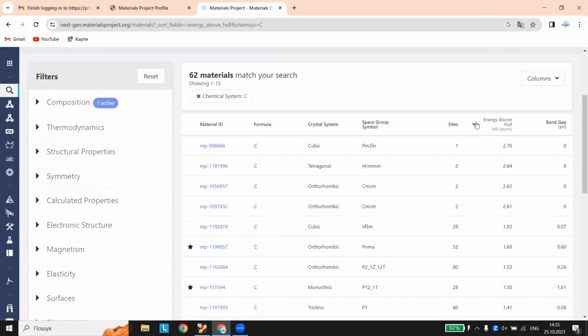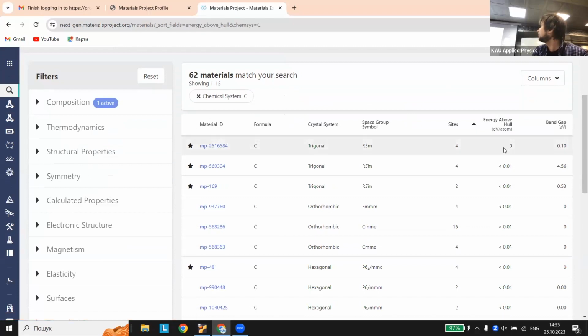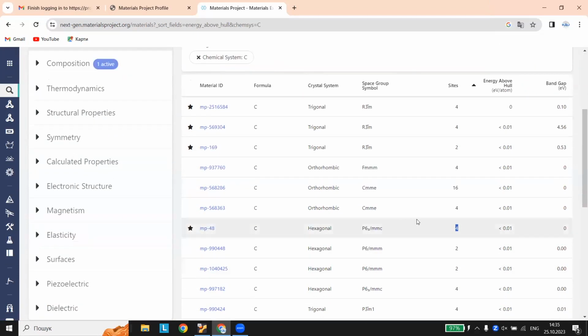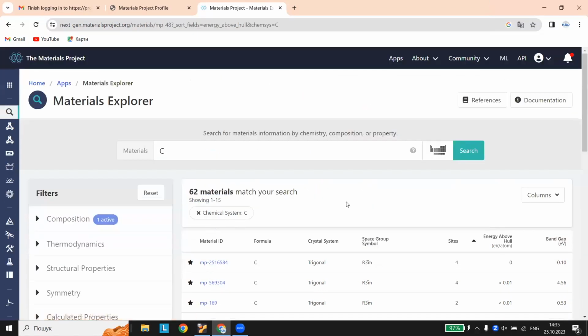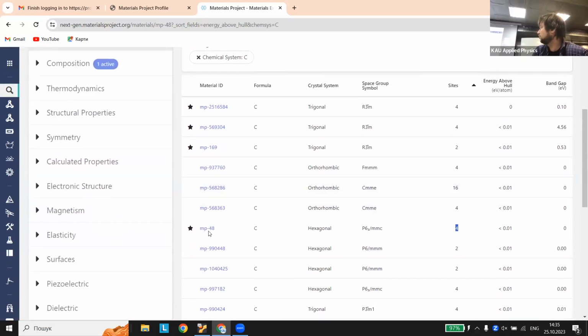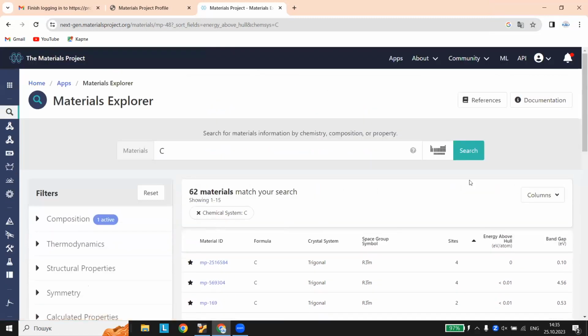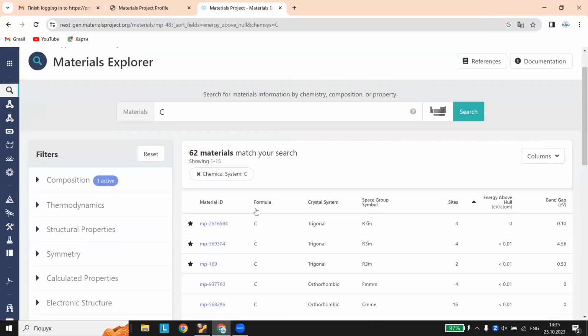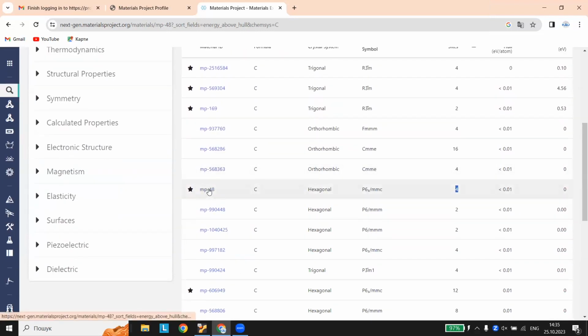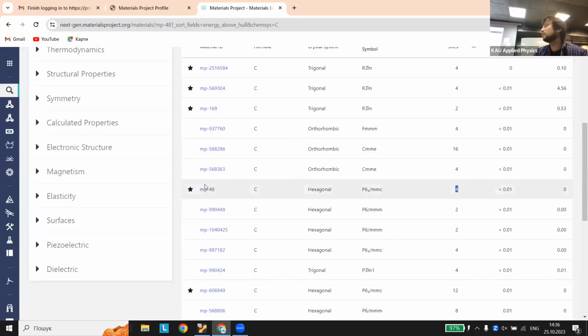For zero, it's some trigonal carbon, so it's a huge unit cell. You need this one, MP-48, hexagonal. It's slightly less than 0.01, I think it's almost 0. We need this, yes, hexagonal.